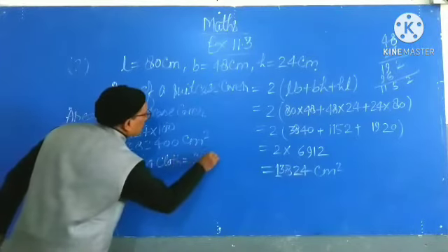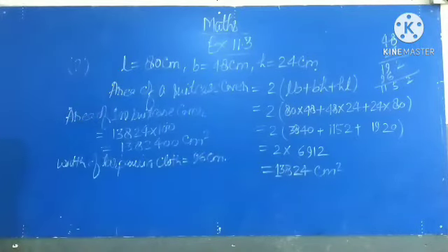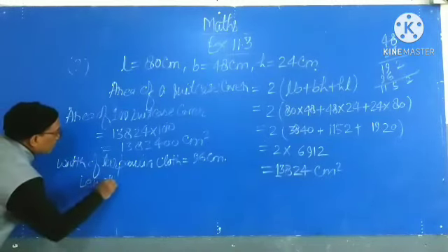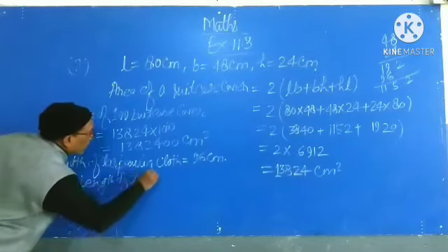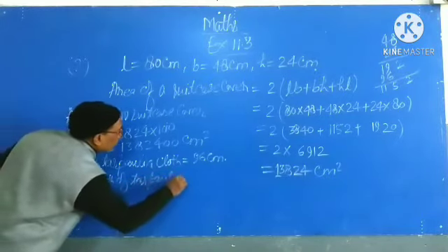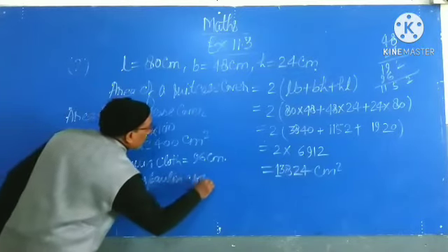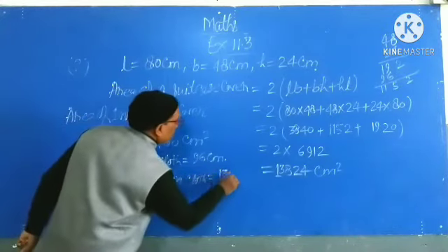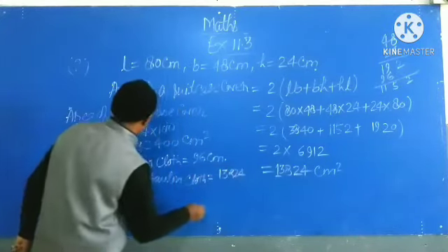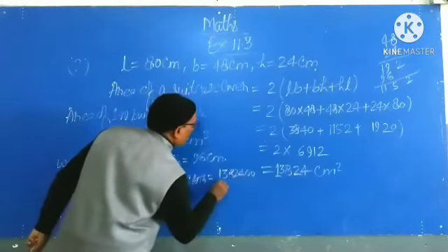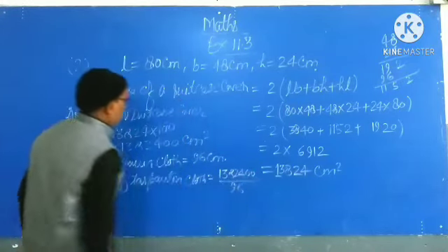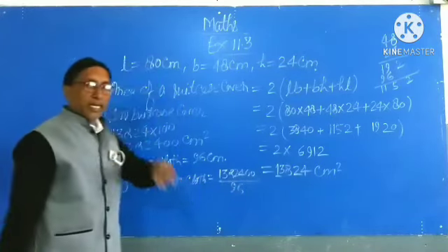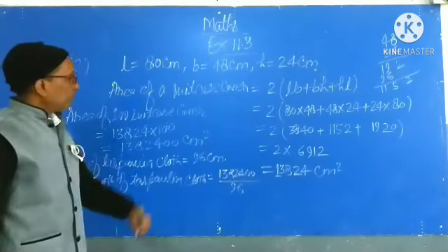Then length of tarpaulin cloth is equal to area 13,82,400 upon 96. Means area is divided by width, you get length of the tarpaulin cloth.